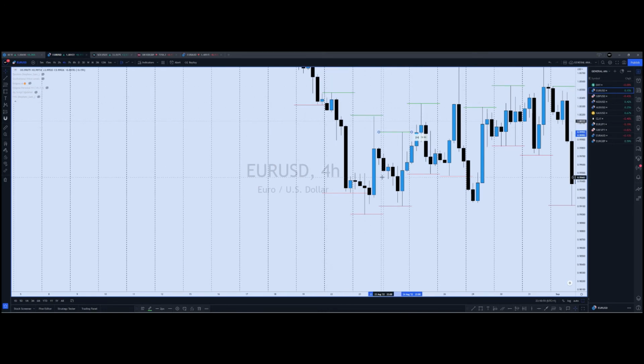But remember what I said, when we've been closing down like this, I want to use a close above the previous day high on a daily basis, not on the H4. So this would not be counted as a close. Why? Because on the daily, price closed back down here. So it's like we opened here and then we closed there. So it's not a close above the previous day.